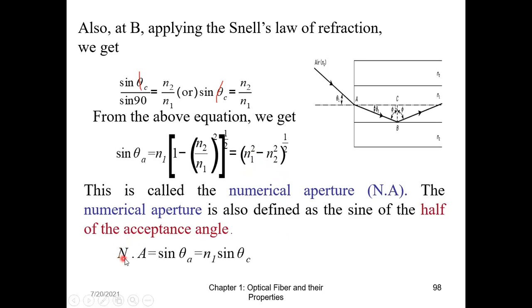Yes. So NA is sine theta A, which is equal to n1 sine phi c, where phi c is the critical angle. So these are the various formulas for finding the numerical aperture. Do you know the formula of sine theta A? Yes, all of you?